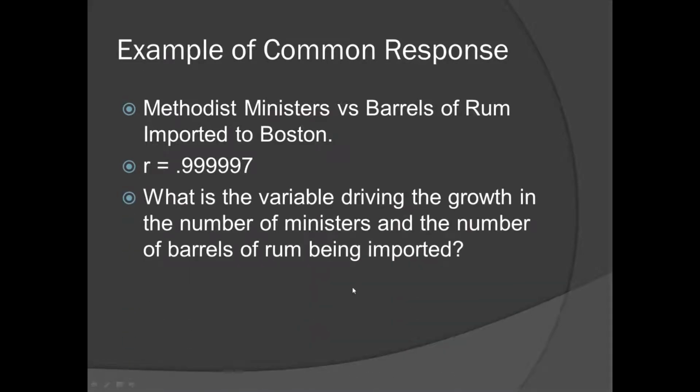And the variable that we picked that was driving both of them was just the population getting bigger. So there's probably a whole host of variables that are growing in a lockstep manner with each other. It's just because the population is bigger, there's a greater need for more of these items.